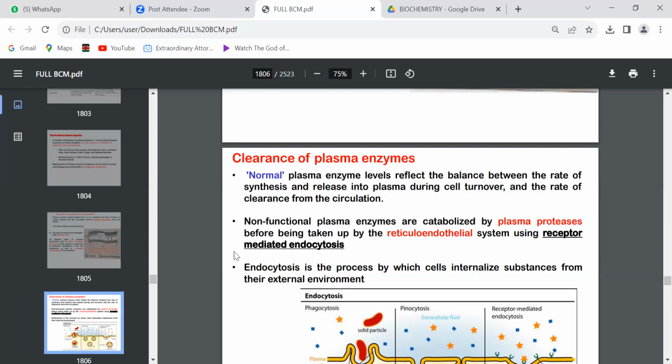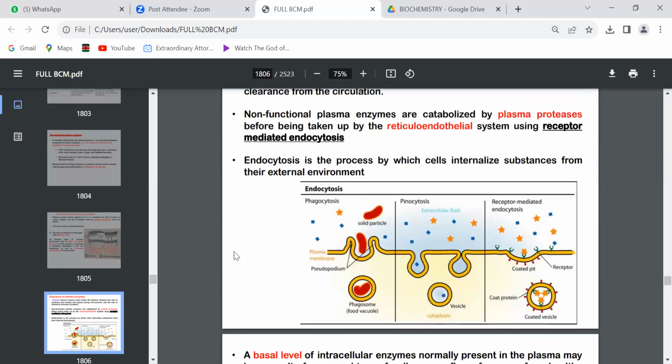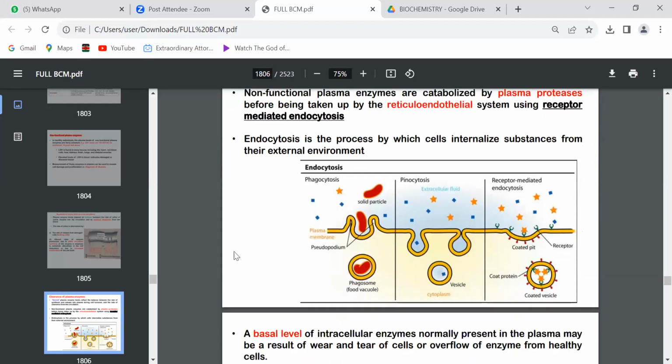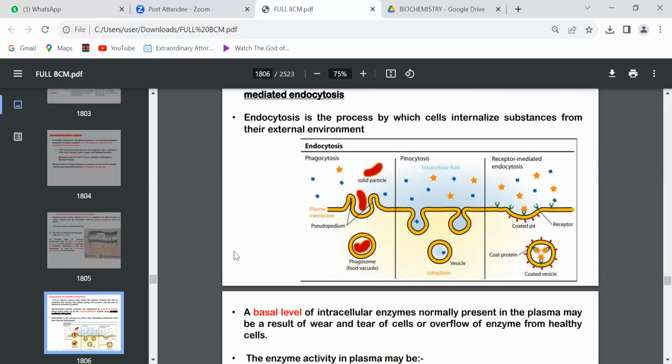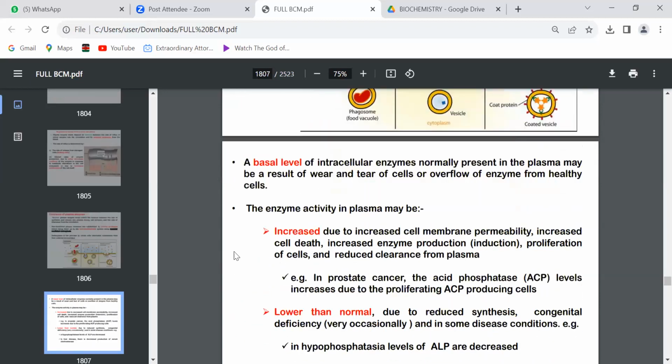Plasma proteases will act on it. Then receptors will bind to the enzyme. They are endocytosed, taken up to the lysosomes and degraded, and that whole cycle. Now at least they are removed from blood and we can go back to the basal level.